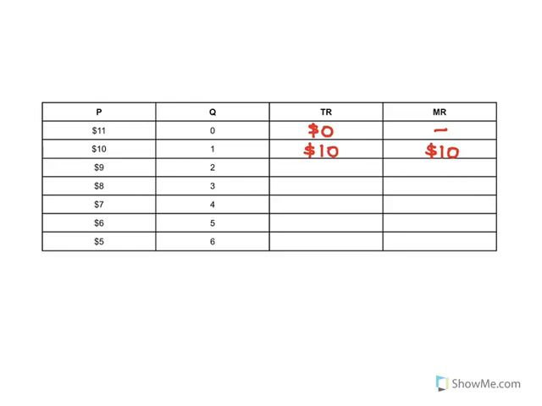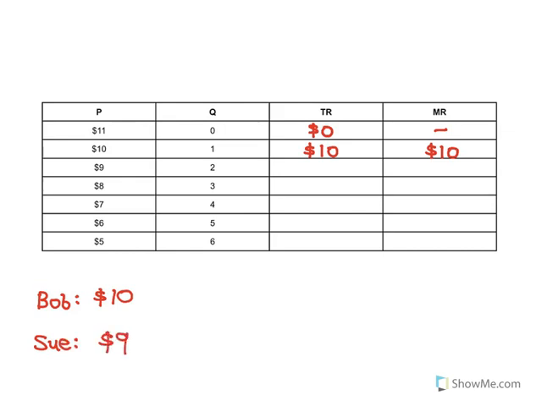Now it gets tricky when you get to $9 because a lot of students are tempted to say, okay, 2 units are being sold, $9 per unit, $18 of total revenue. That's actually not what's happening here. Because what we're saying here is that we have one consumer, we'll call him Bob. Bob's willing to pay $10, and Sue is only willing to pay $9.